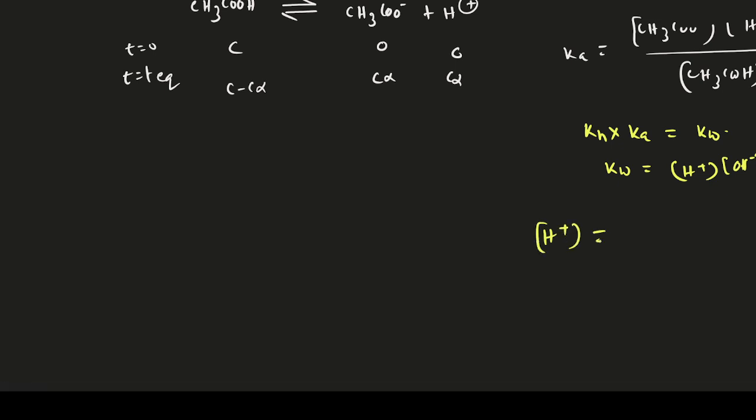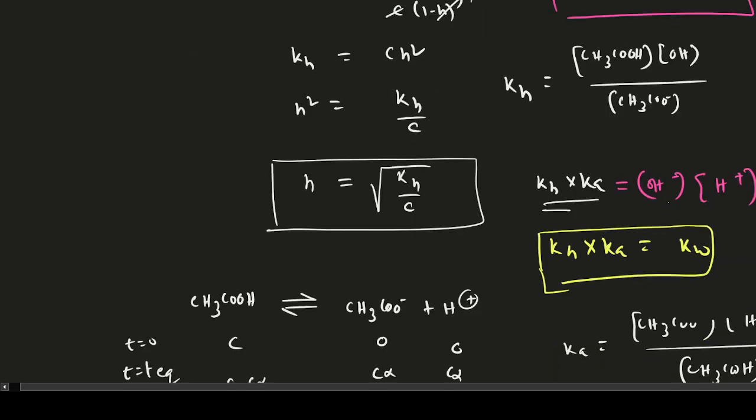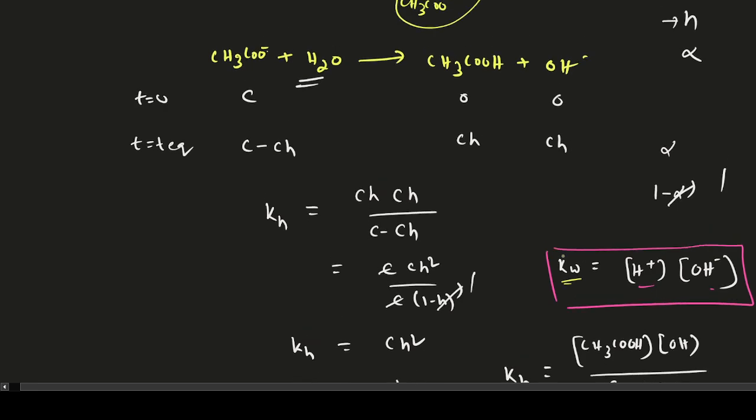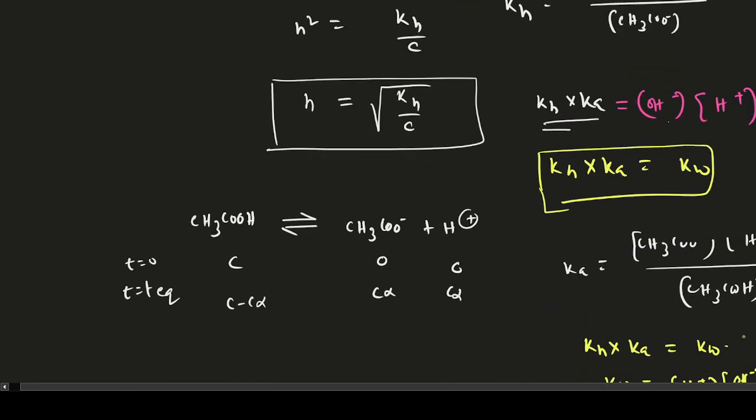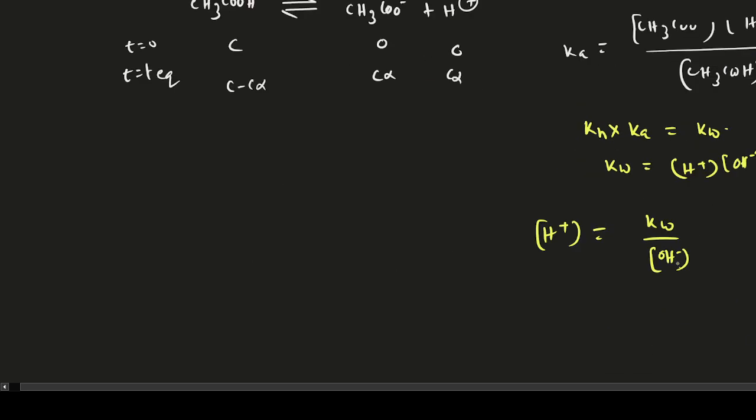So H plus concentration equal to Kw over OH minus concentration. This OH minus concentration I can take from the salt hydrolysis. Always take this OH minus or H plus concentration from the salt hydrolysis, not from the acid.